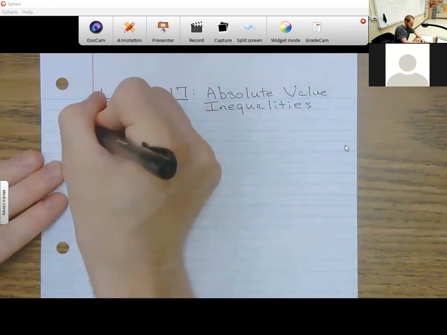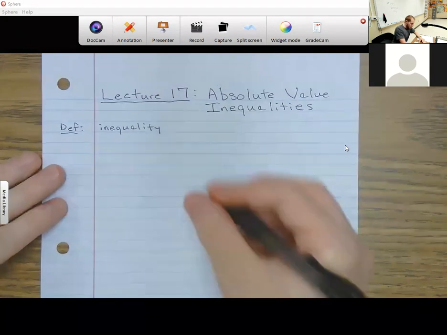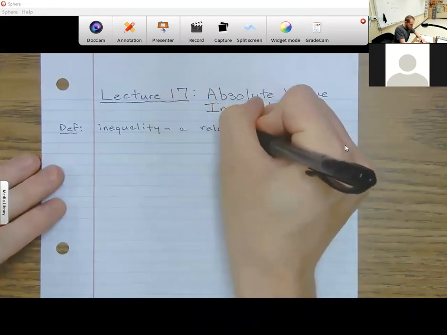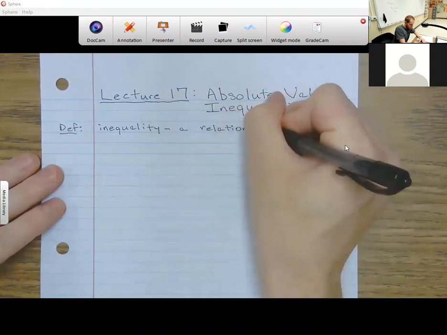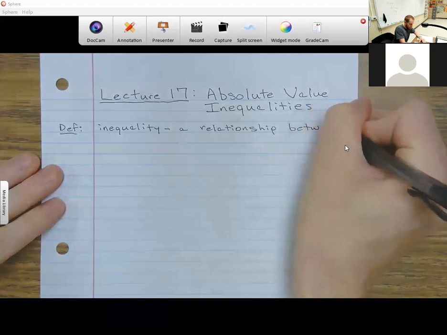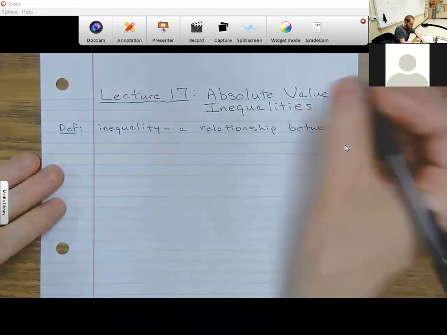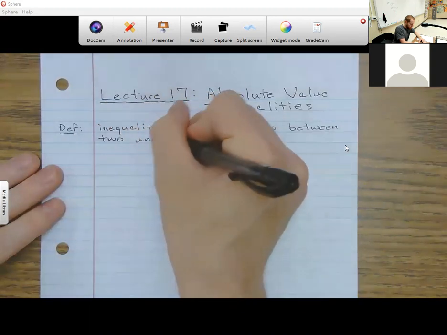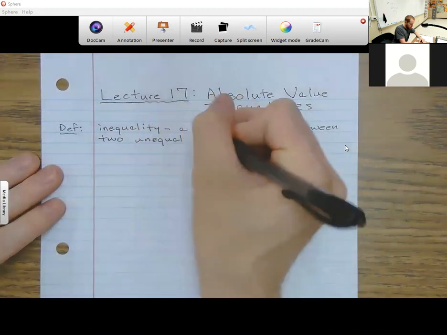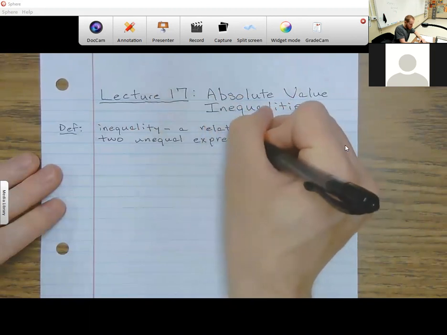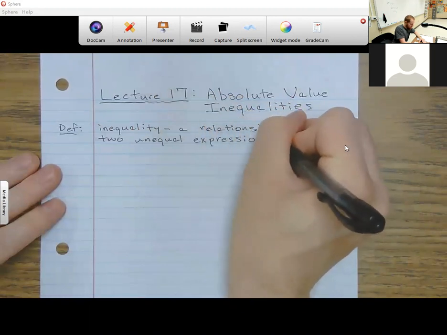An inequality is a relationship between two expressions, between two unequal expressions. But sometimes they are equal, and we'll talk about that.